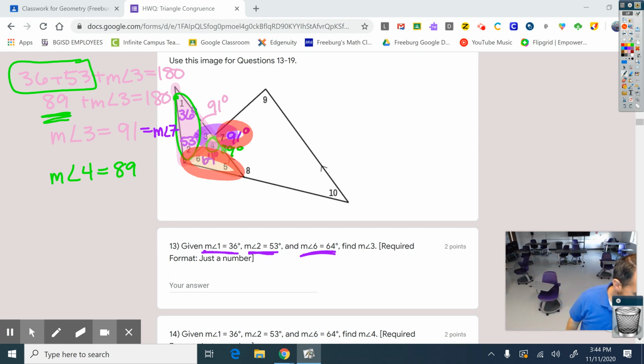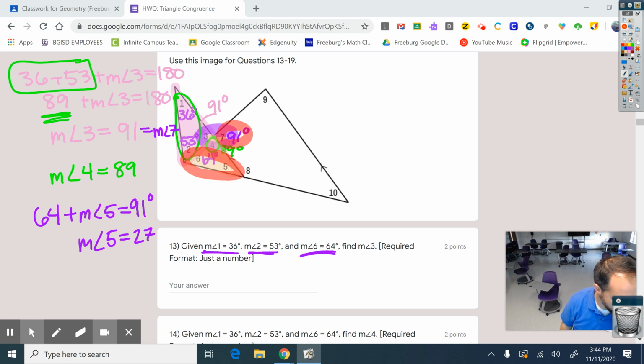All right, so I know that 64 plus the measure of angle 5 is equal to the measure of angle 7, which is 91 degrees. Okay, this is one way you could do it. And so measure of angle 5 would end up being only 27 degrees when we do that.